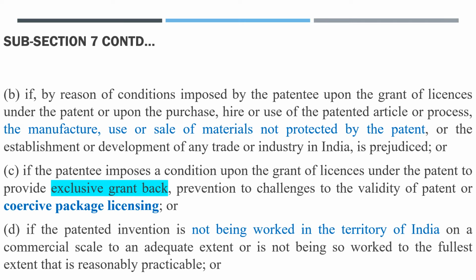So let us analyze first clause B. Simply we can say that clause B says, by reason of conditions imposed by the patentee upon the grant of a license under the patent, the hire, use, sale or manufacture of the articles not protected by patent or the establishment or development of any trade or industry in India is prejudiced.